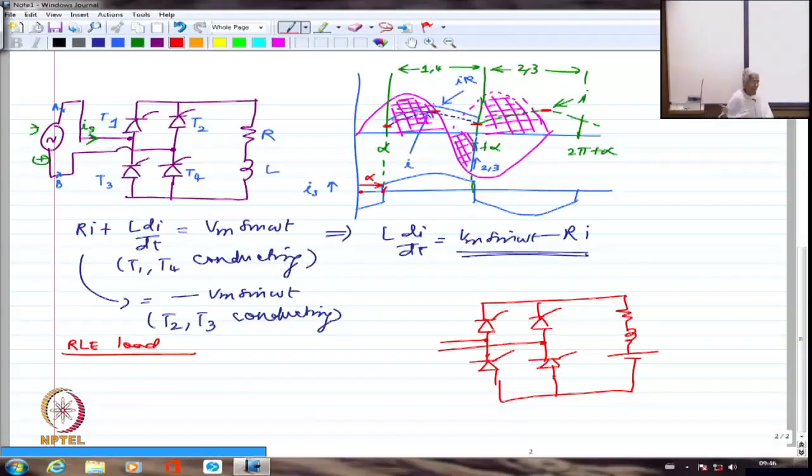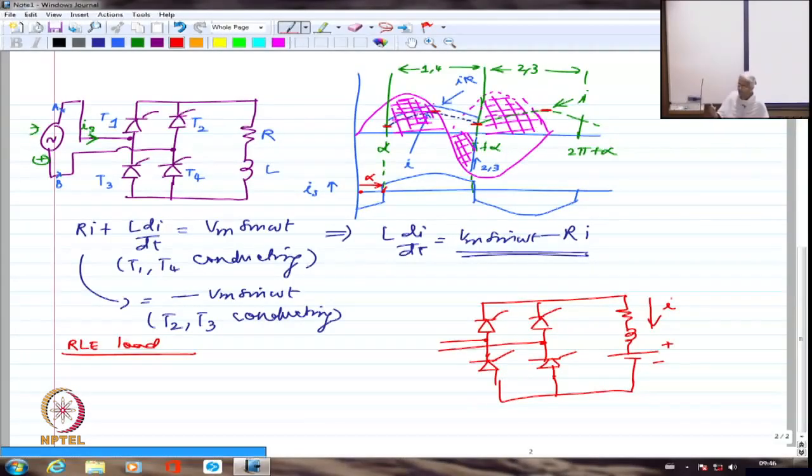Okay, so now I have put the source such that the positive is here, which means it is definitely going to oppose the flow of current, or it is as though a battery is getting charged. The current is in this direction. So I'm going to have plus here and minus here. So the battery is trying to accumulate energy. Right? That's what it is.